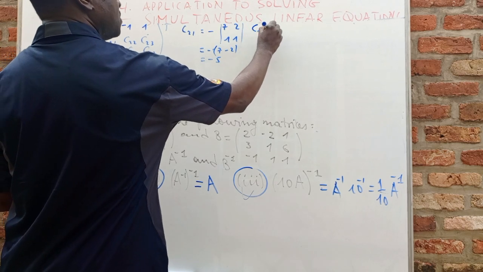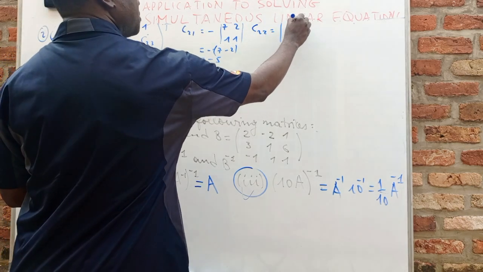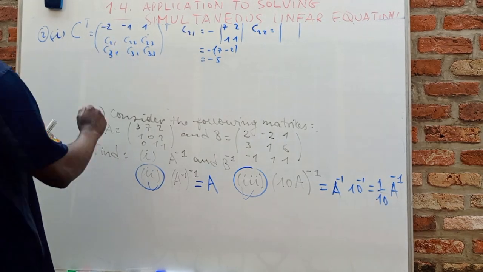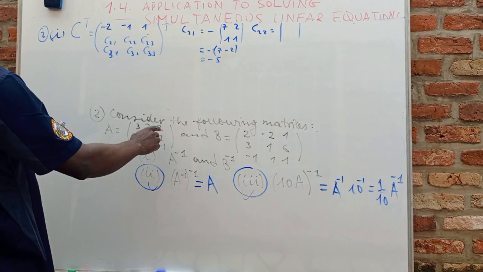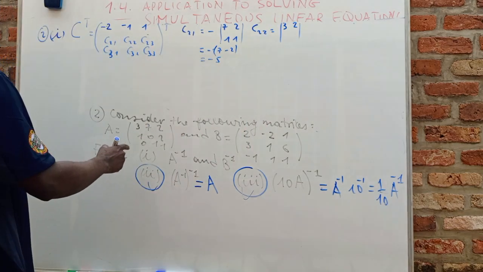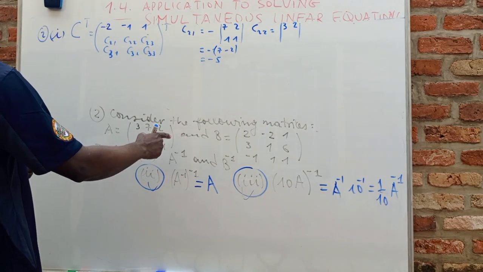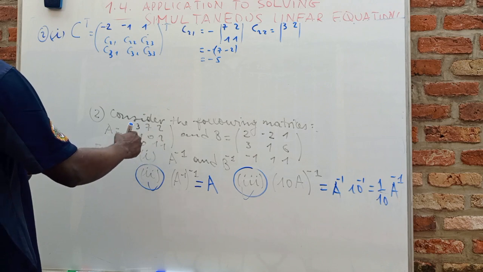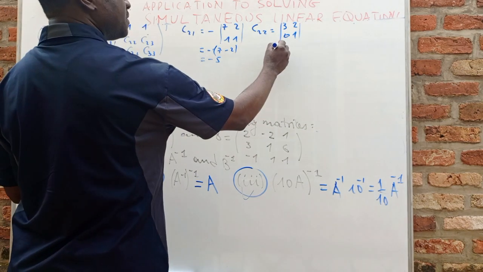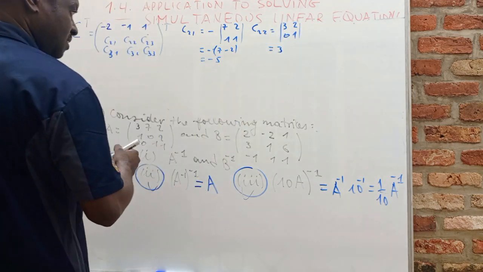Then C22, we have a positive power of negative 1, and here I'm removing this row and this column, left with 2, 3, 2 and 0, 1. After calculation, we have 3.